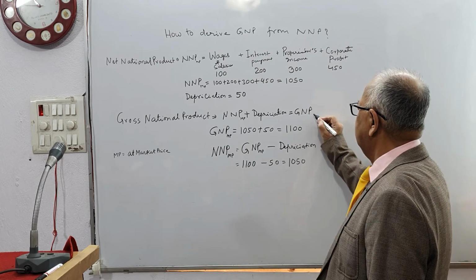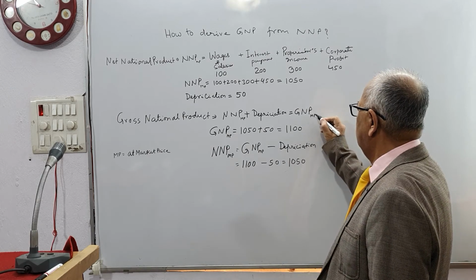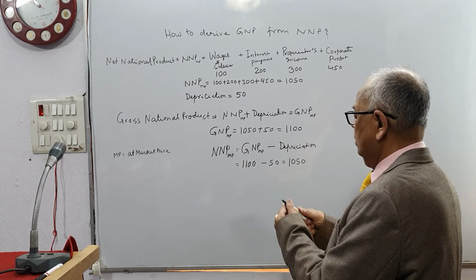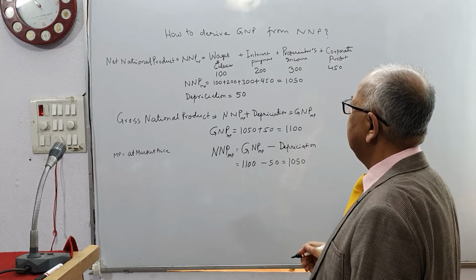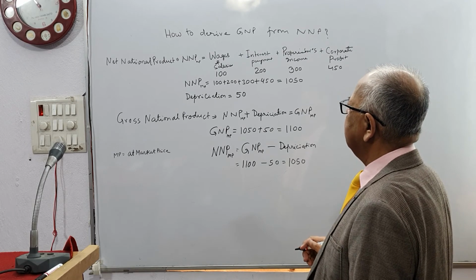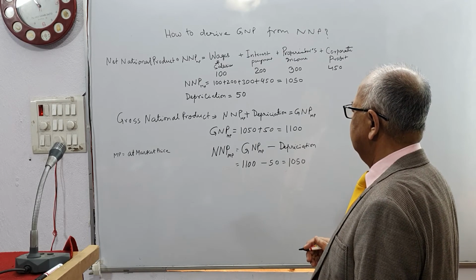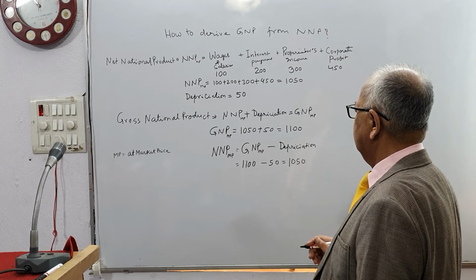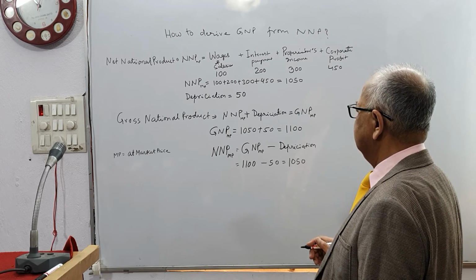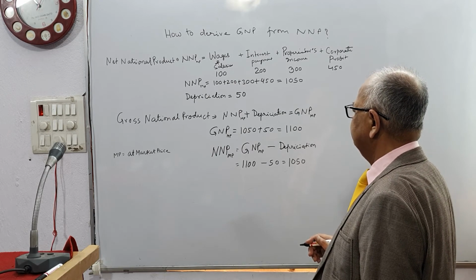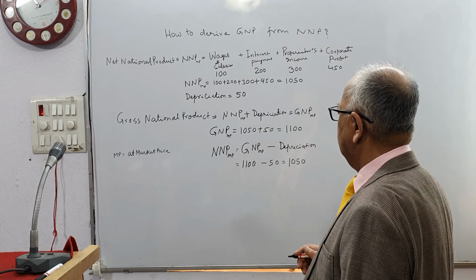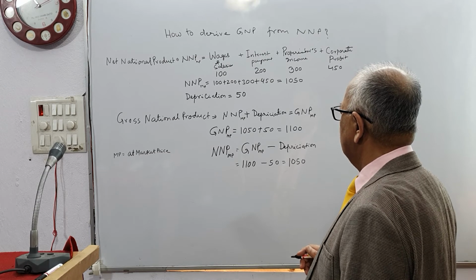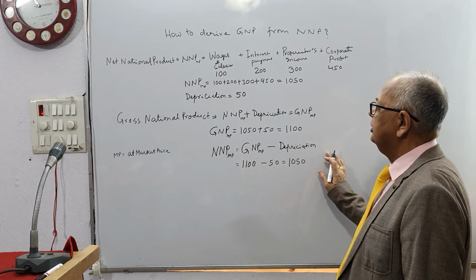This GNP is at market price, and NNP at market price is equal to GNP minus depreciation.